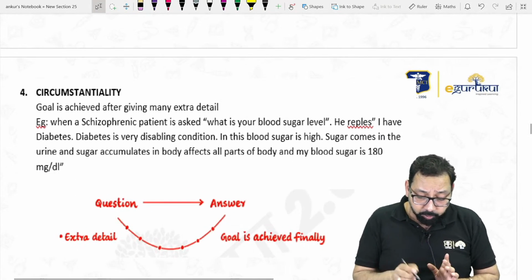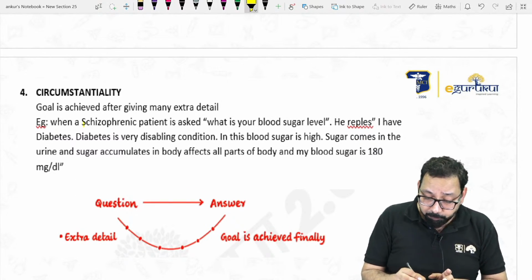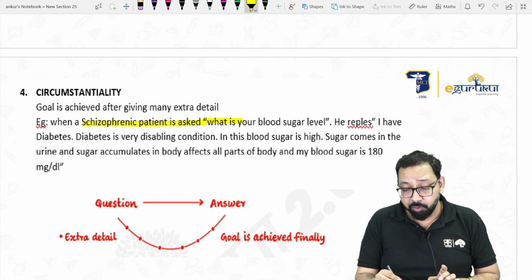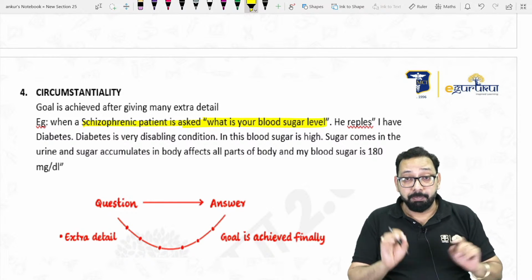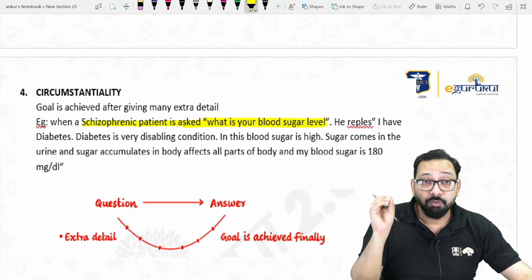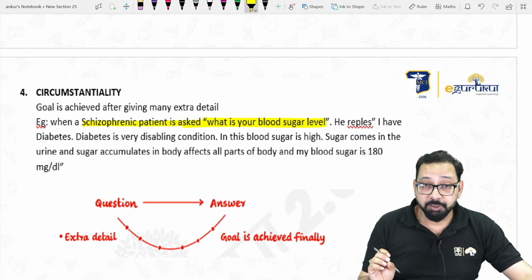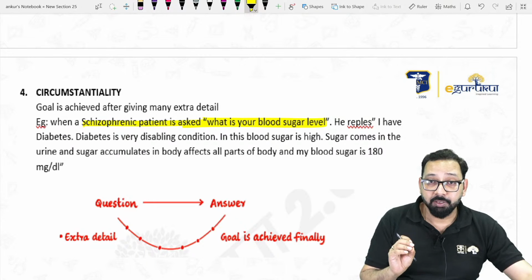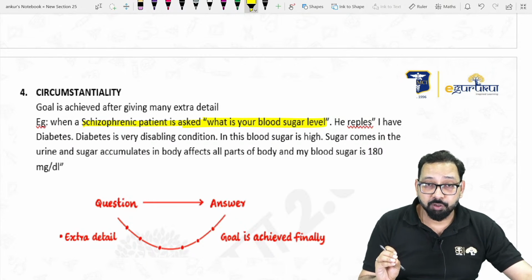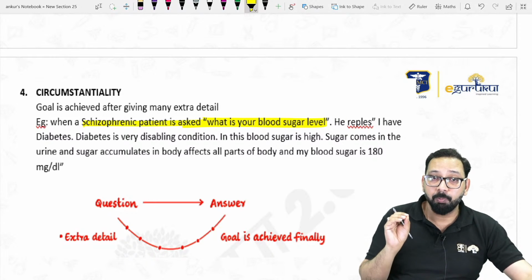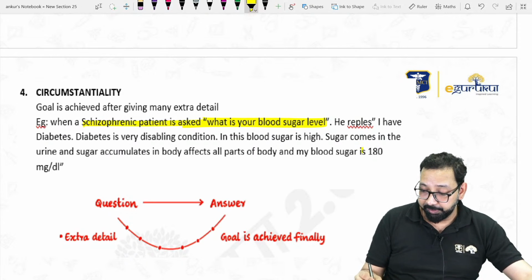Circumstantiality, this question has been asked. A schizophrenic patient is asked, what is your blood sugar level? Patient says, Doctor Saab, you know diabetes is a very disabling condition. In this blood sugar is high, sugar comes in urine, sugar accumulates in body, affects all parts of the body, my blood sugar is 180.